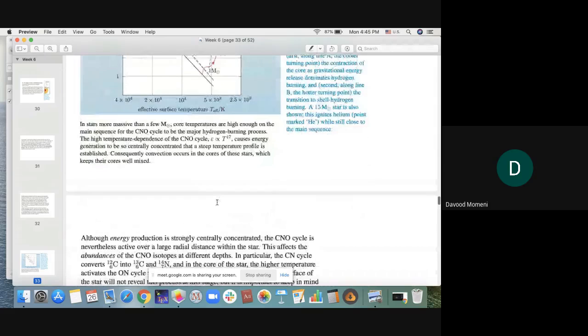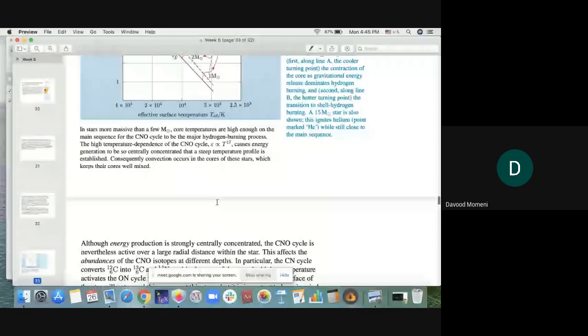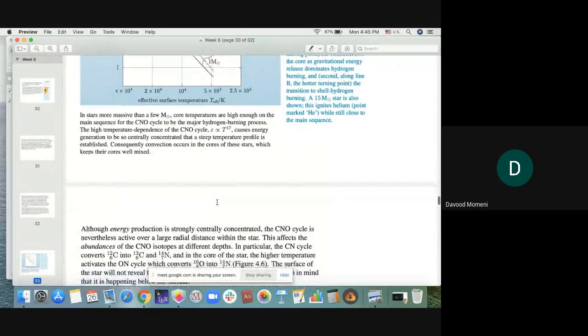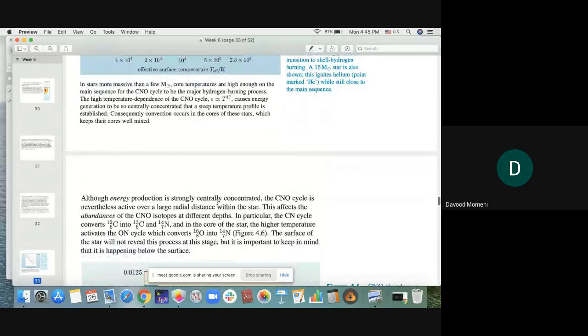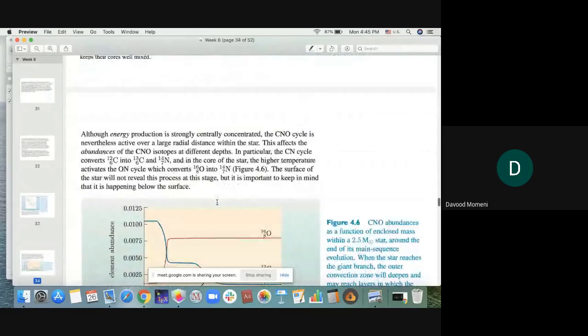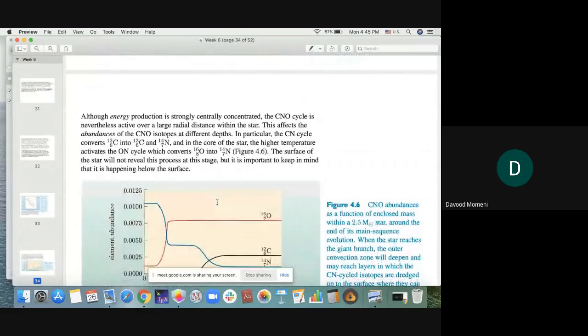All right, from all of this, what we understood is that the CNO cycle energy generation rate goes as T to the power 17. We talk about CNO, but not very much here.